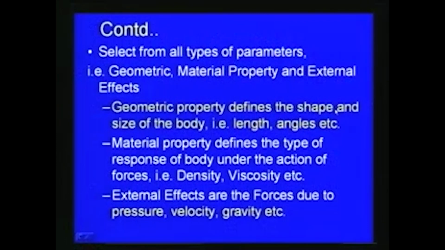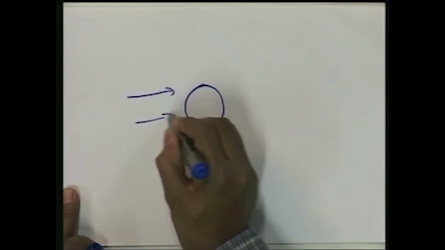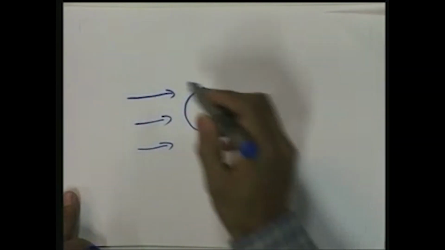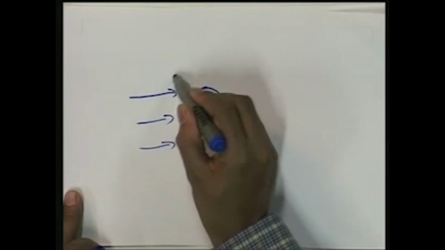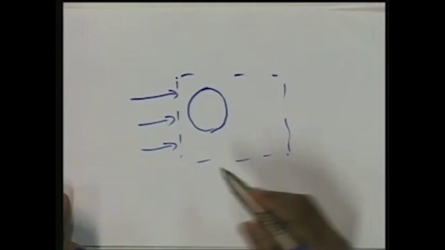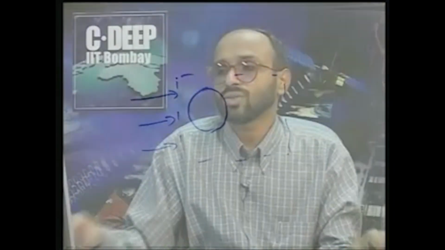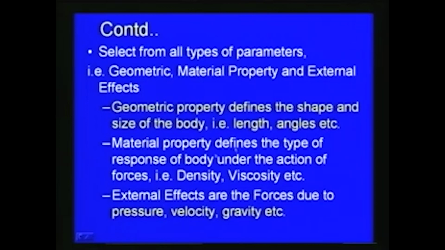As far as geometric properties are concerned, we have to define the shape and the size of the body, length, angles, etc. So here, when we do the modeling, say for example, if we are considering the flow over a cylinder and we are doing a model, we have to see what the dimension is that we are going to model, and then the size of the cylinder and all other parameters we have to define. So geometric properties define the shape and the size of the body, that is length, angles, etc.